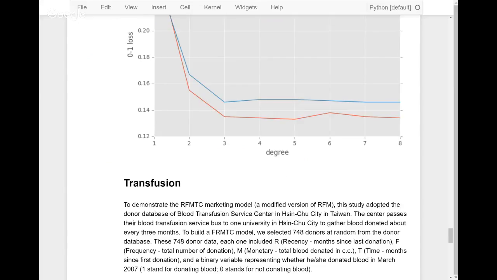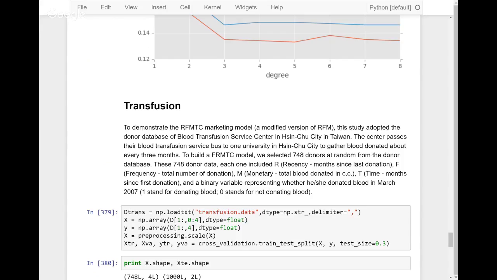This is a widely distributed data set. It's this blood transfusion data set. You can find it, I think, on the UCI machine learning repository, so it's a commonly used data set.